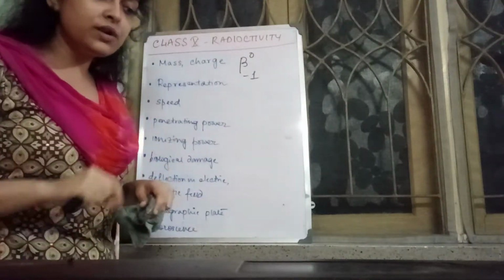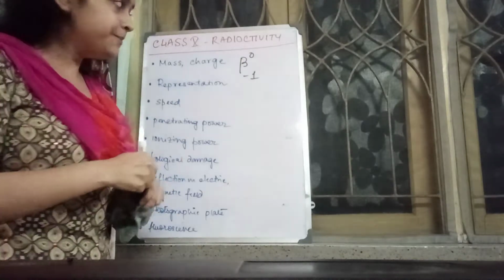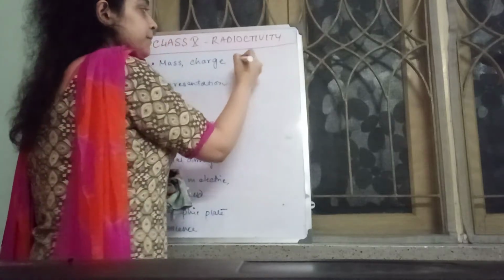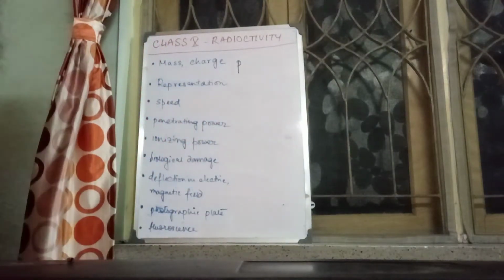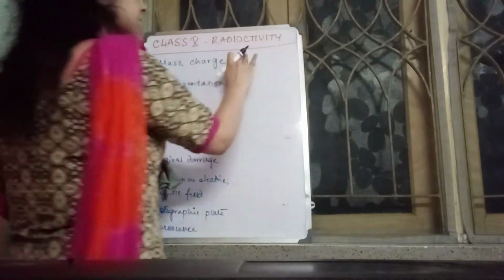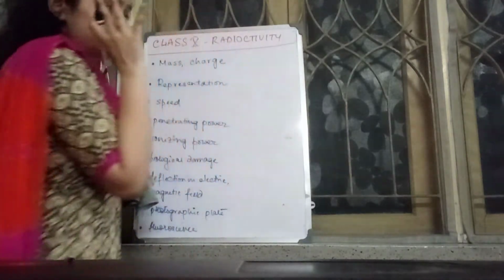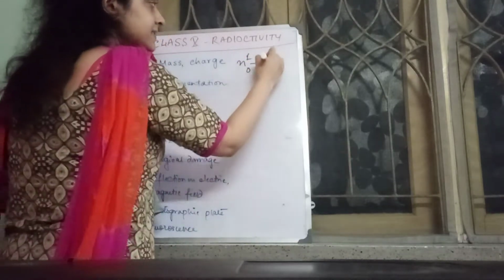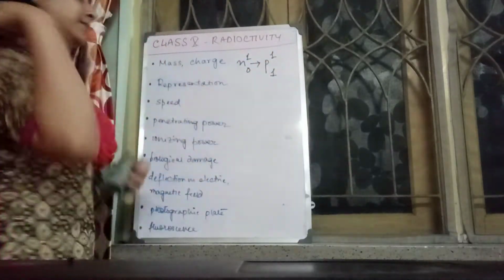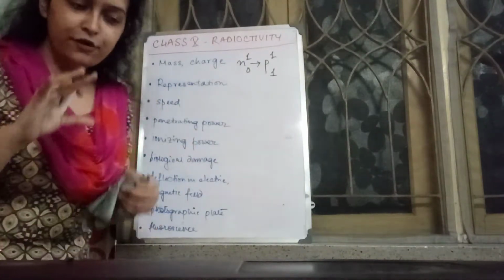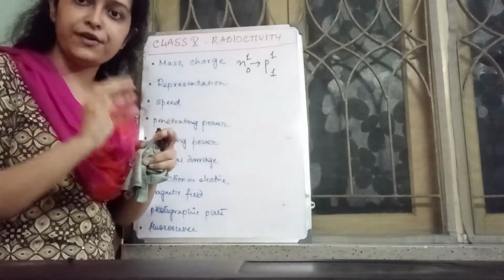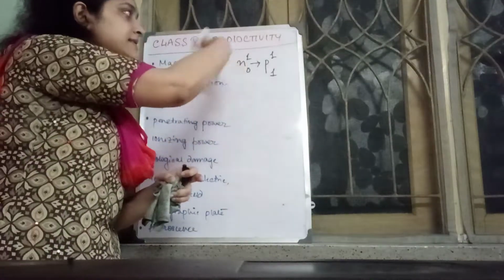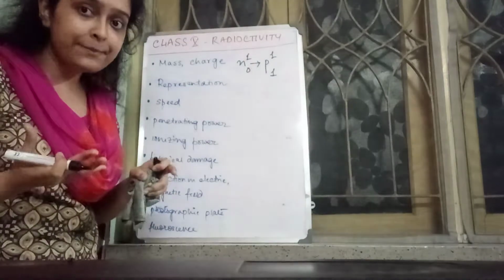Inside the nucleus of an unstable atom, we have neutrons and protons. Sometimes, from the heavy nucleus of a radioactive element, if a neutron gets converted to a proton, what will happen?